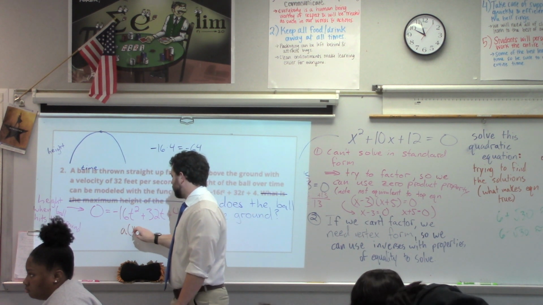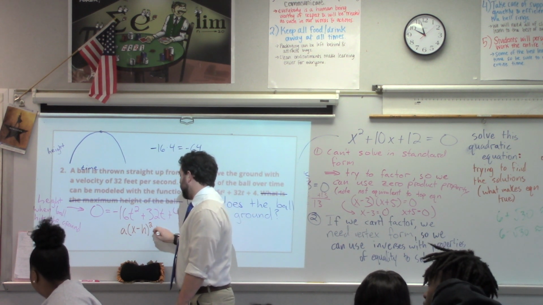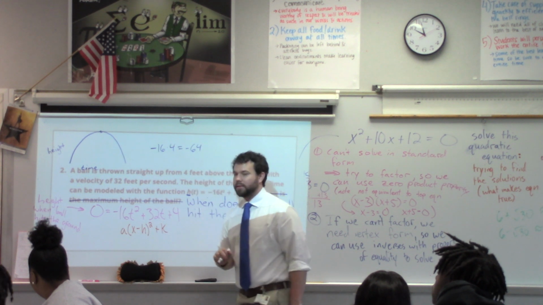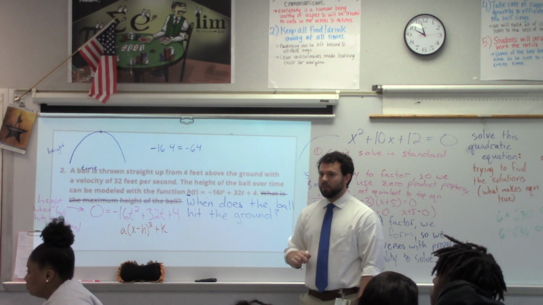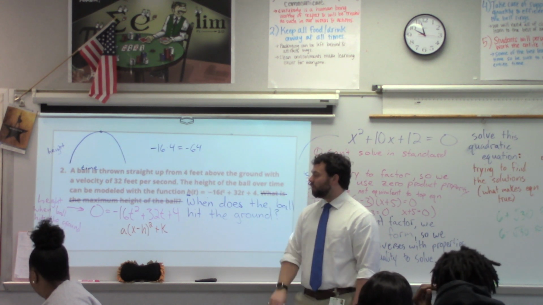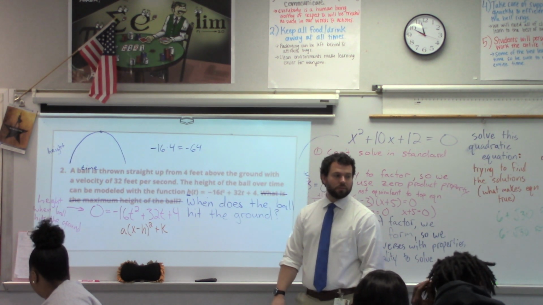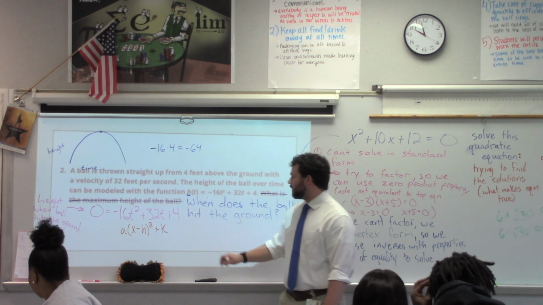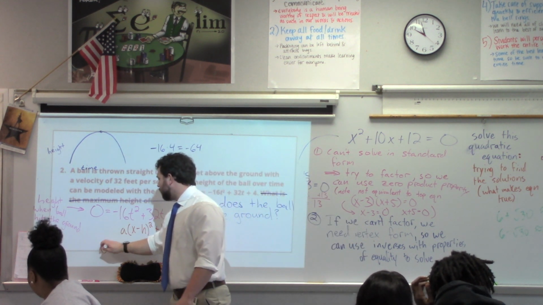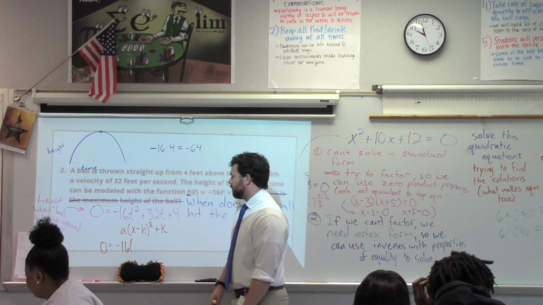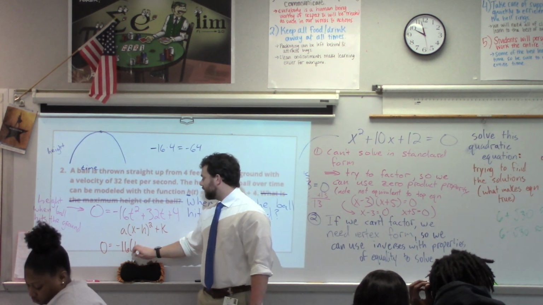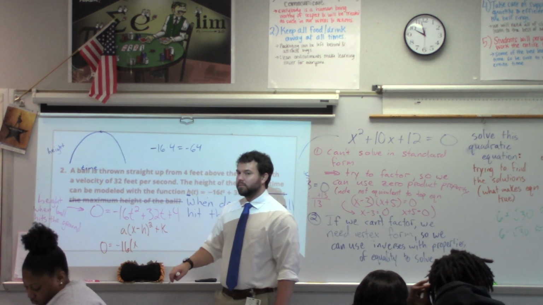Which is something that we have to know: A times x minus h squared plus k. That's my vertex form. Anyone know any of those values already? A is what? Negative 16. So 0 is equal to negative 16 times x, and what do we need for h and k?